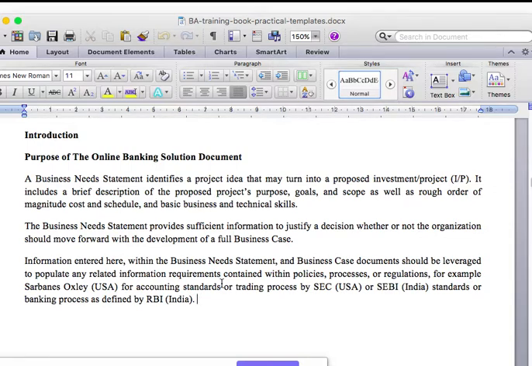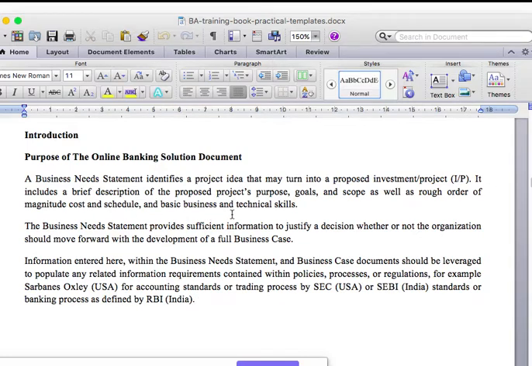So mention those criticalities. For example, here the business need statement identifies a project idea that may turn into a proposed investment or proposal. It includes a brief description of the proposed project purpose, its goal and the scope, as well as a rough order of magnitude of the cost and the schedule.